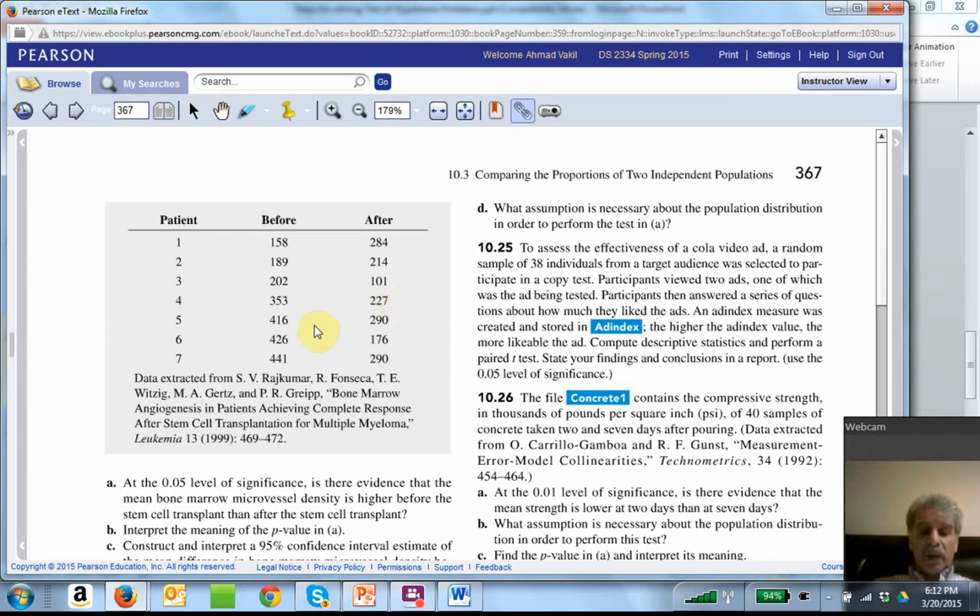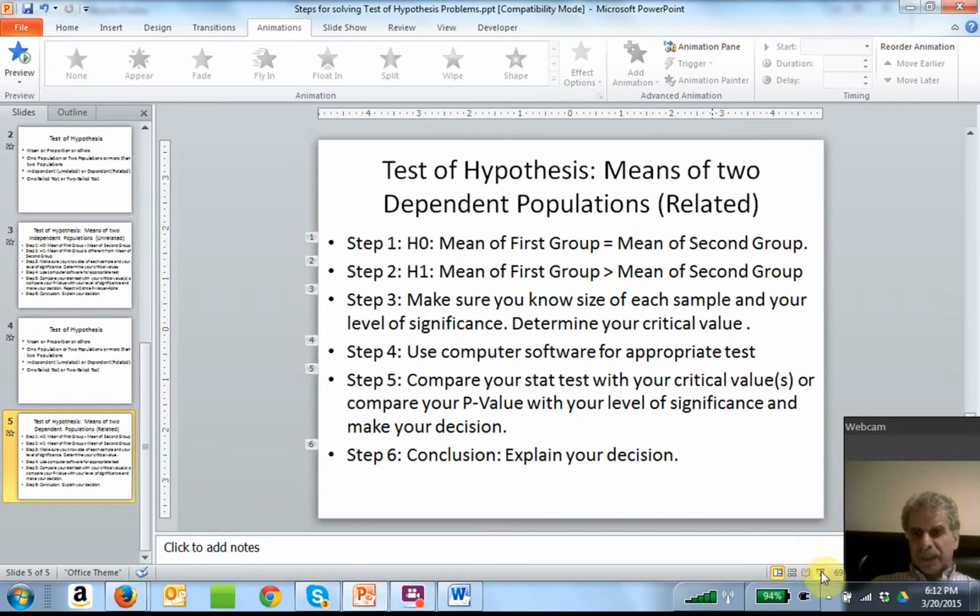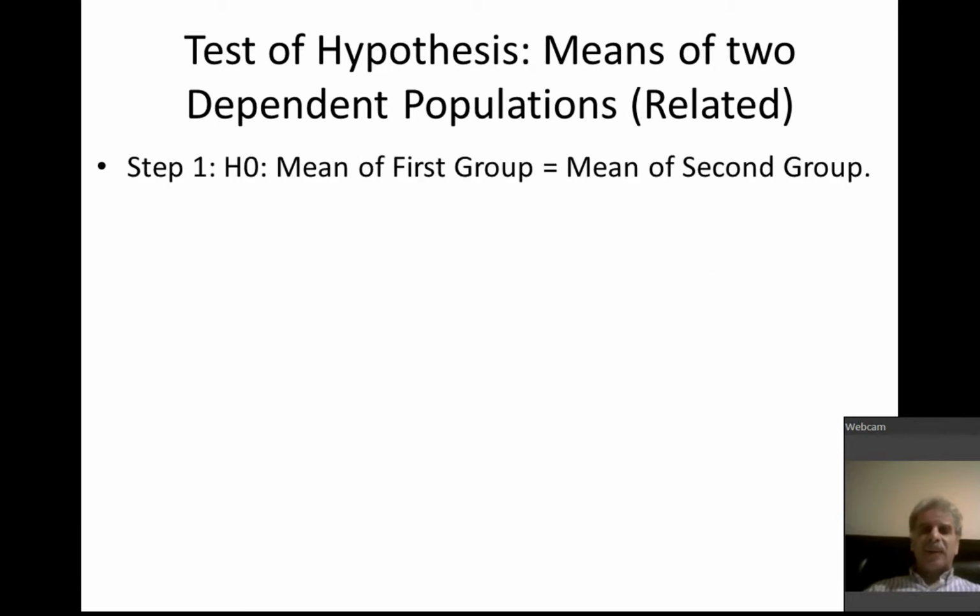So let me go back to PowerPoint and see what I need to do. The very first thing that I do, I say always under H0, the mean of the first group is the same as the mean of the second group. It's a little deviation from your book, but I always like to have H0 this way.